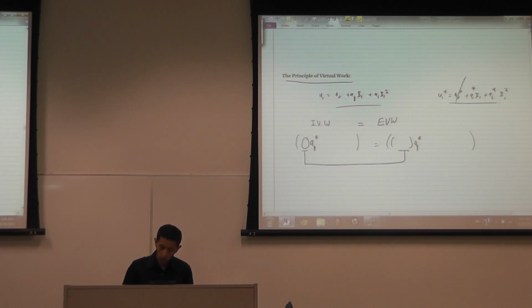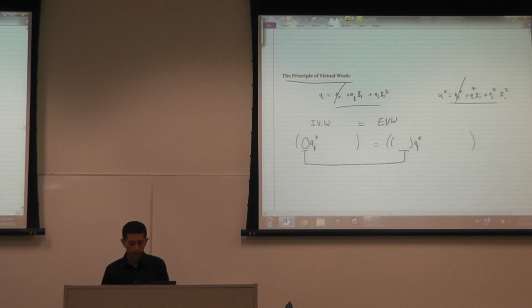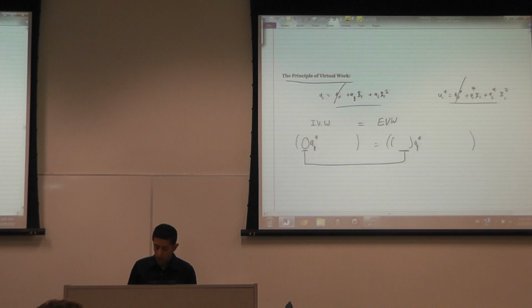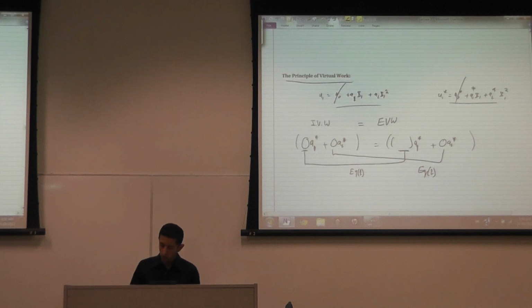So this and this goes. So whatever is multiplied by A1 star here, and whatever is multiplied by A1 star here, equate them to each other. This is equation 1. And this is equation 2. Solve those two equations, and you get A1 and A2.